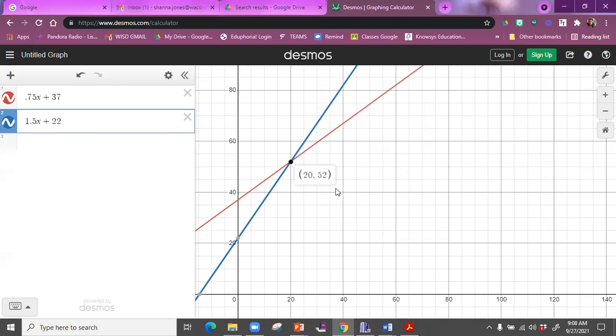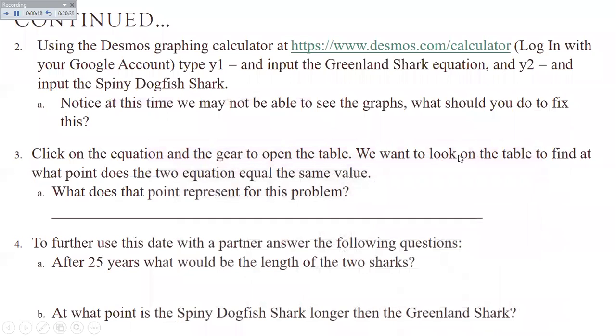That's what we're going to talk about. What does the 20, 52 represent? It's our solution, but what does it represent? So we ended up with 20, 52. Okay, so it means when they're going to be the same size. So at 20 years old, right? Because it's our growth rate. I'm sorry. They grow centimeters per year.